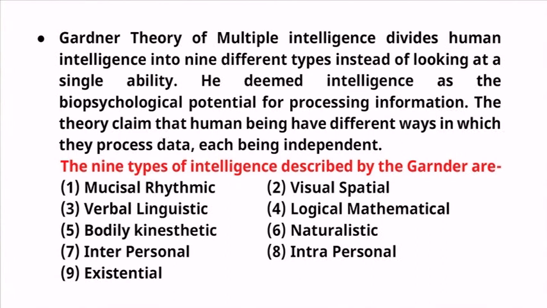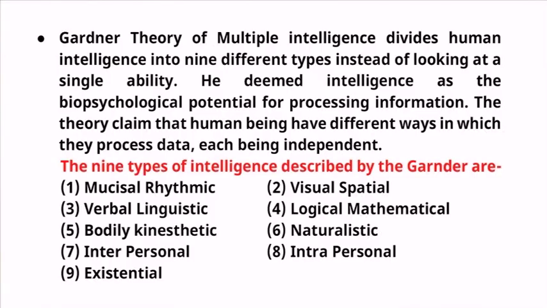People with high musical intelligence are sensitive to rhythm, pitch and melody. So, those who have it are more able to understand music and enjoy music. That is called musical rhythmic intelligence.